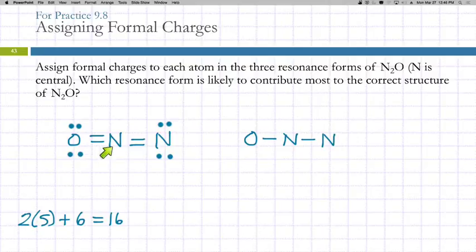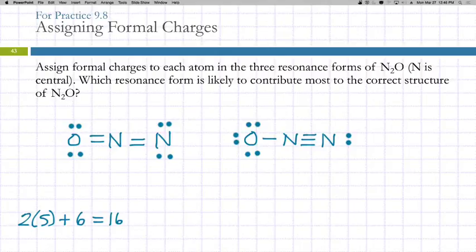So we've got a total of 4 bonds, 2 here and 2 there. What if we took this bond and made a triple on one side and a single on the other? Let's see if we could make that work. So now we've got 2, 4, 6, 8, 10, 12, 14, 16. Everybody got an octet?